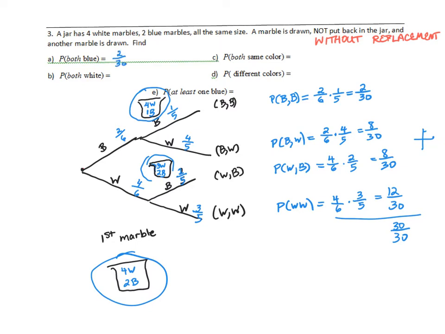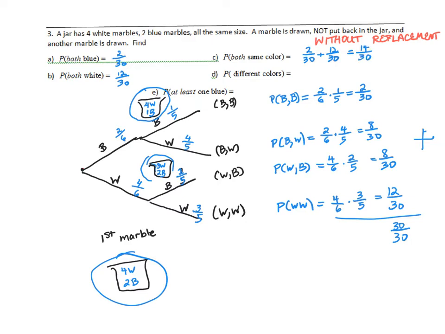The probability both are white would be 12 out of 30. The probability that they're the same color, well, that's still blue-blue or white-white. Either one will do. So we add those 2 probabilities and we get 2 plus 12, which would give us 14 out of 30.